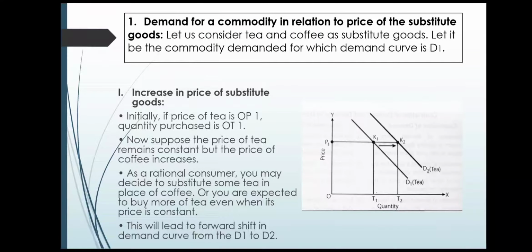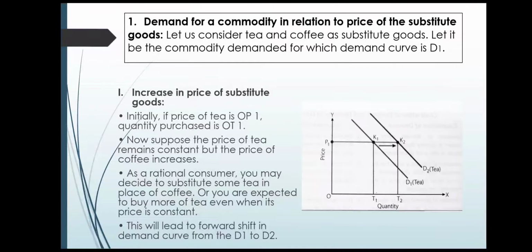So the first one is demand for a commodity in relation to price of the substitute goods. Over here we will be studying about how shift takes place in case of substitute goods. Let us consider tea and coffee as substitute goods. Let tea be the commodity demanded, for which the demand curve is D1.